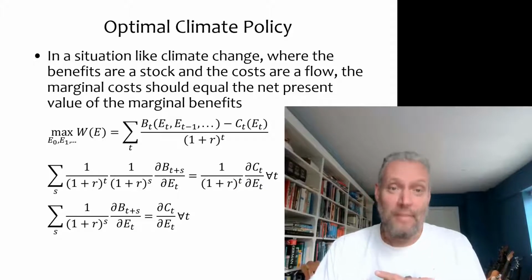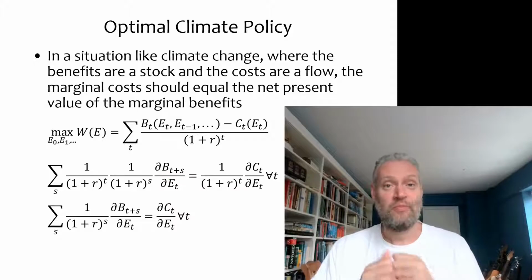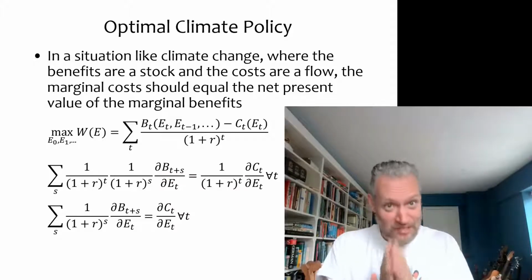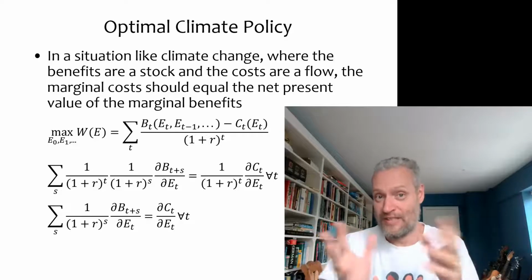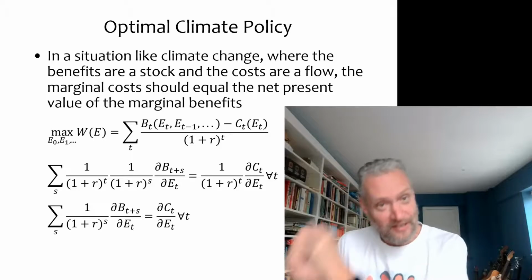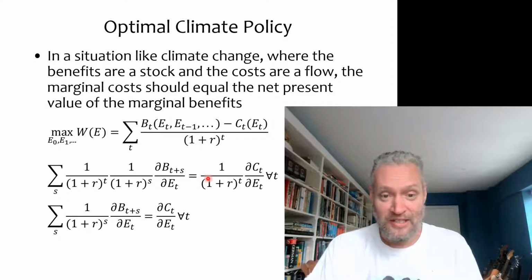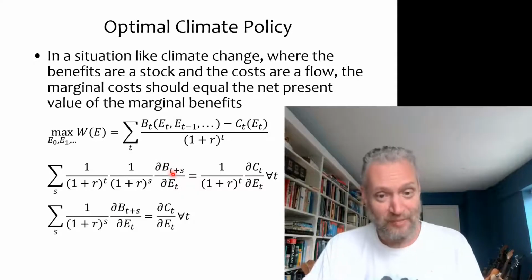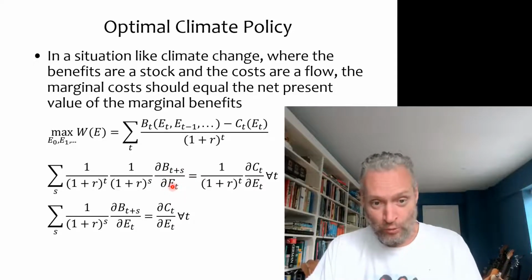On the benefit side, we still have dB/dE, but the benefits now are not just in the same period. If you reduce emissions in the year 2020, then you do not just have a benefit in the year 2020, but also in the year 2021, in the year 2022, and so on and so forth. So we start from s is 0, we have dB/dE, so this is how much benefits at a future point in time improve if we reduce emissions now.